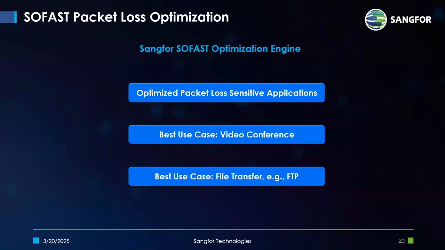So what does this mean for you? Lower bandwidth cost and better performance, especially for bandwidth-heavy applications in high packet loss situations. As network conditions change, SOFAST dynamically fine-tunes the redundancy ratio, ensuring smooth, uninterrupted data transmission at all times.